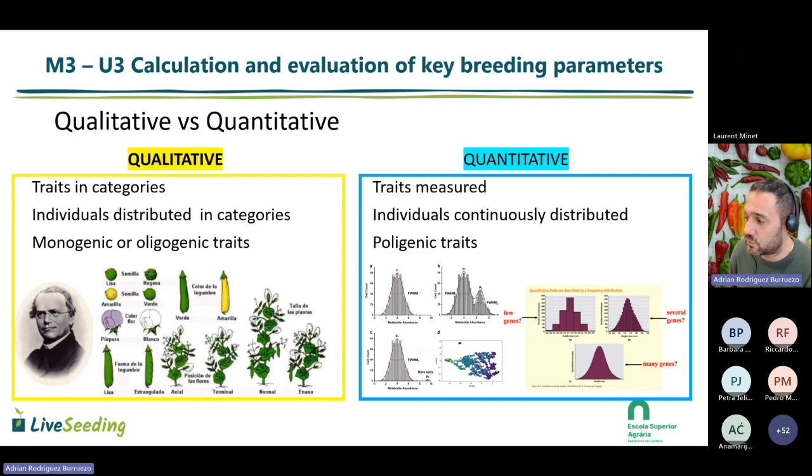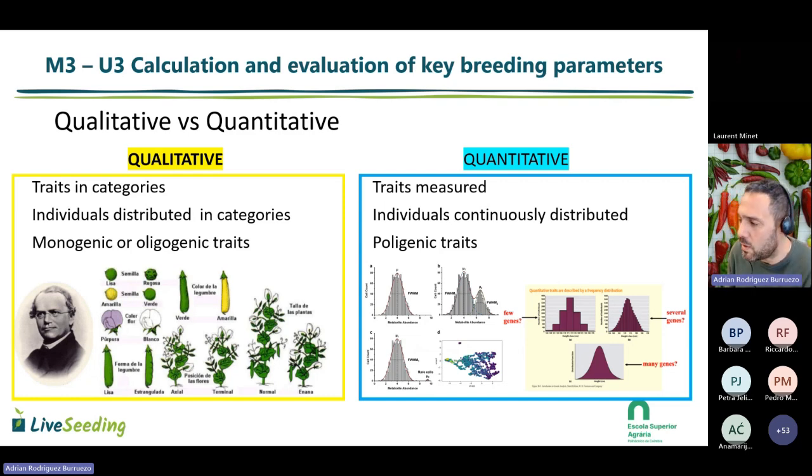These qualitative traits are considered monogenic or oligogenic traits. That means that their inheritance is controlled by just one gene or very few genes, or a mixture: one main gene, which explains most of the differences between the individuals in inheritance terms, complemented by the small effect of minor genes.